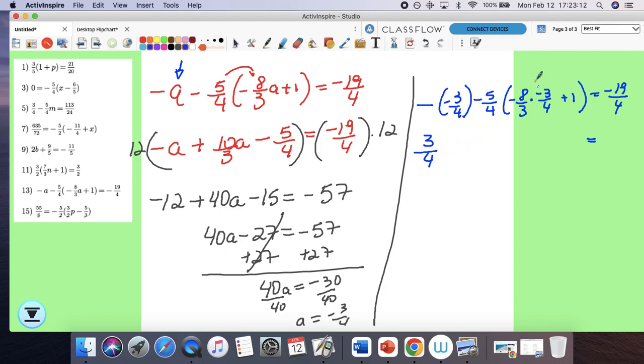And then inside the parentheses, this negative times this negative is going to be a positive. So, this and this simplifies to 1. And this simplifies to 2. 2 plus 1 is 3. So I get minus 5 over 4 times 3. 3/4 minus, and then 5 times 3 is 15 over 4, and equals negative 19 over 4.